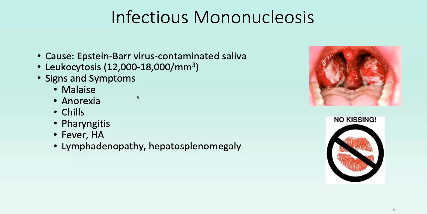Signs and symptoms include malaise or being tired, which is frequently the only sign a patient may exhibit for a significant period of time. The other symptoms you can see here on the slide are the anorexia, chills, pharyngitis, because the pharynx is right there in the mouth, in the oral area, fevers, headaches, lymphadenopathy, hepatosplenomegaly.